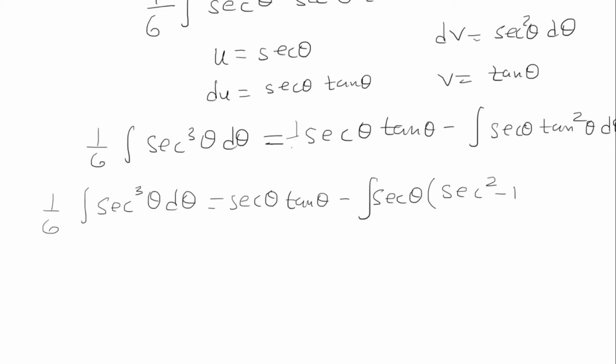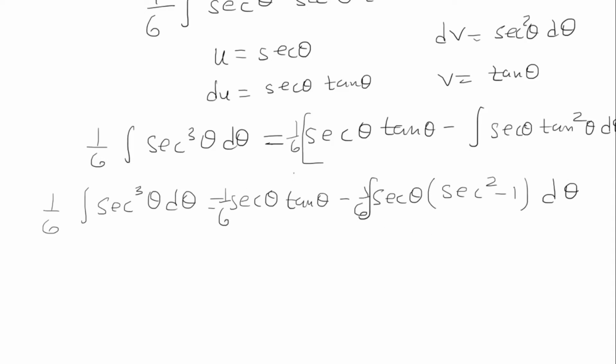I should have kept the 1/6. Okay. So there's a very common mistake. You have to include the 1/6 because it's outside. Integration by parts is only the inside of the integral. So I'm going to distribute now the 1/6 to both pieces.